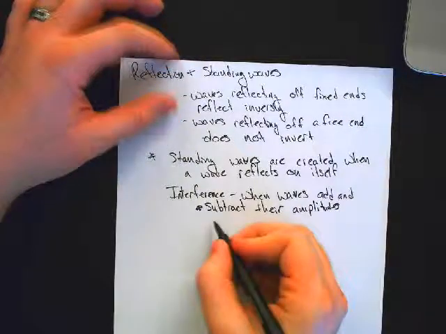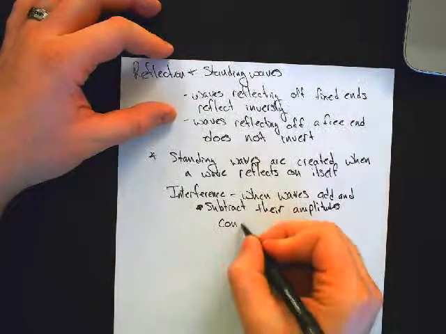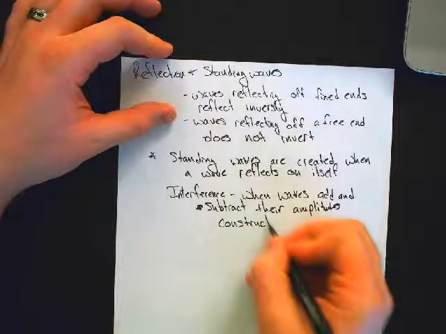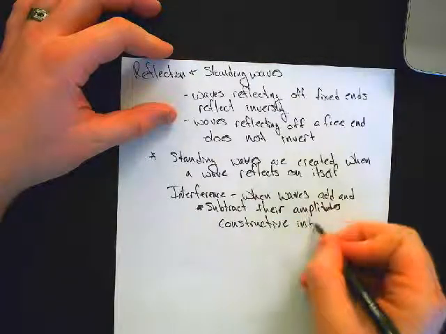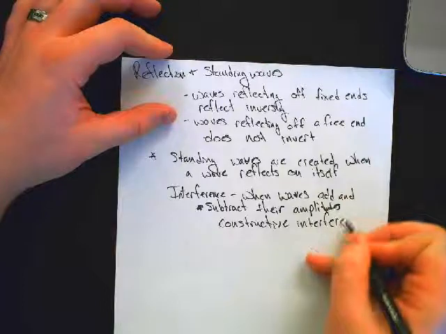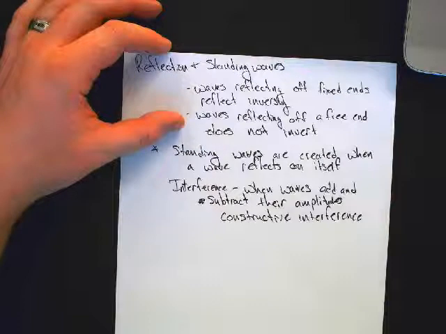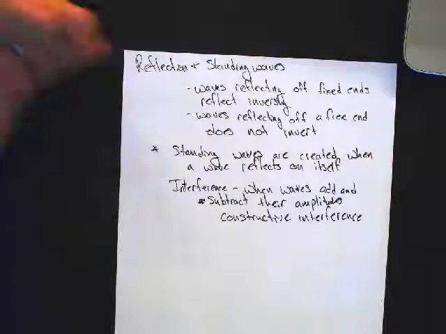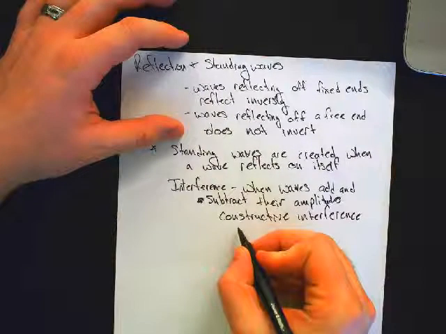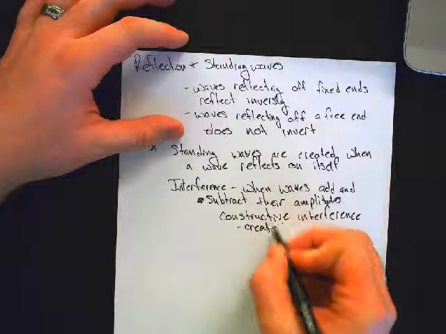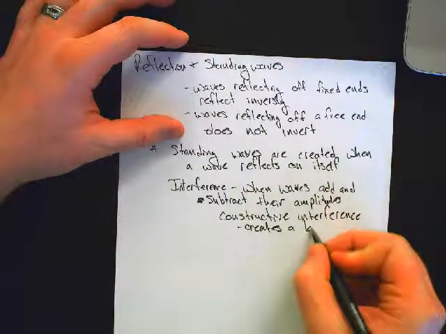Okay, within that, we said there's constructive interference. Constructive interference is where we get a larger total amplitude because crest has met crest, creating a larger amplitude.